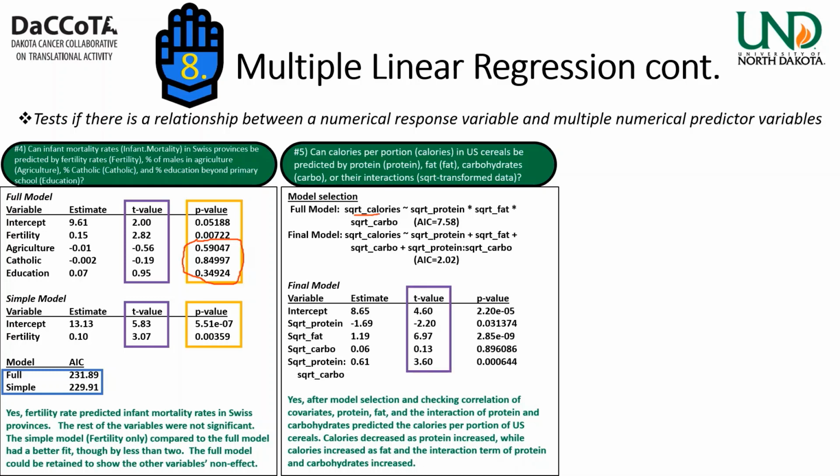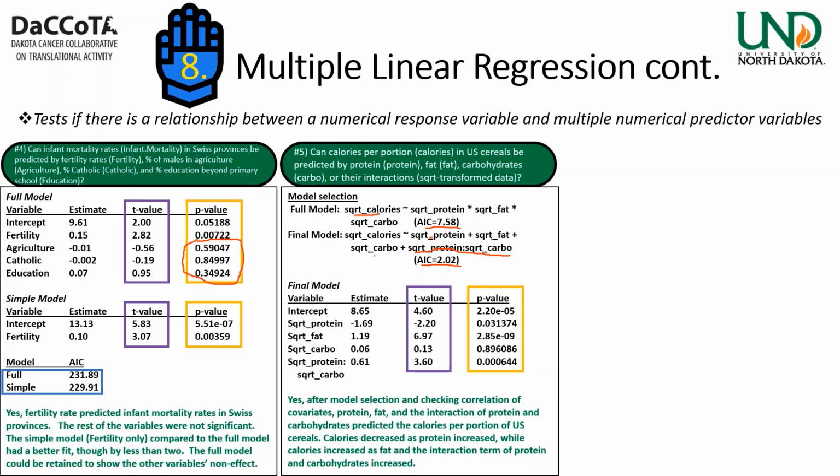And so I did the full model here, and it had an AIC of this. And then this is the final model, which has a lower AIC. The full model had all three variables and all the interactions. The final model had all three variables individually and then just the interaction between protein and carbohydrates. So with that final model, I ran my regression, and these are the t-values and the p-values we got.